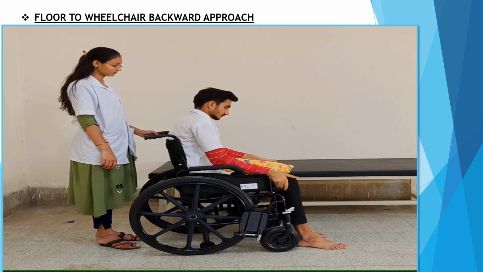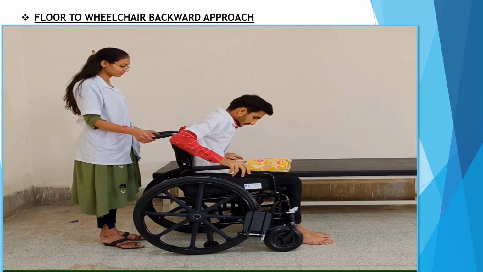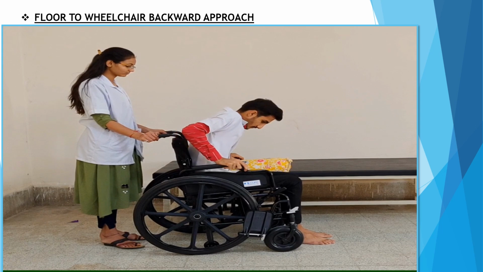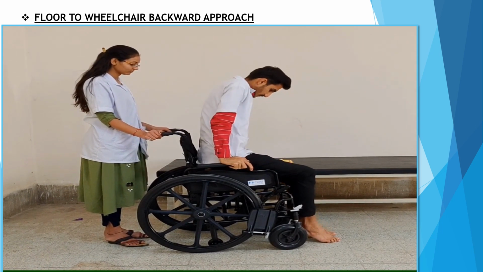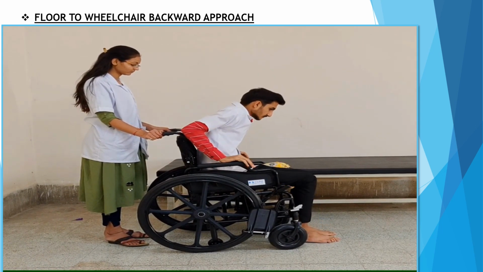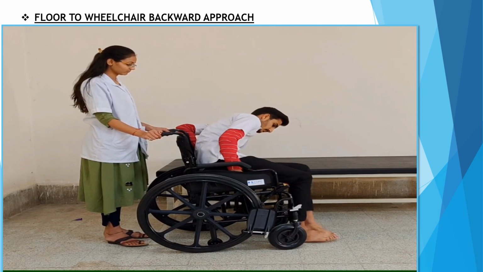The next step would be lifting himself vertically to adjust the cushion into the seat. It can also be performed by laterally shifting the body to one side and simultaneously adjusting the cushion.